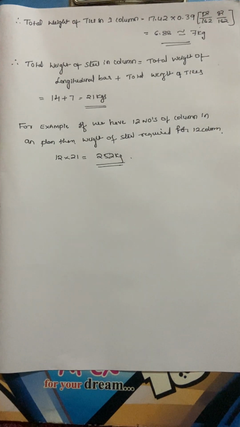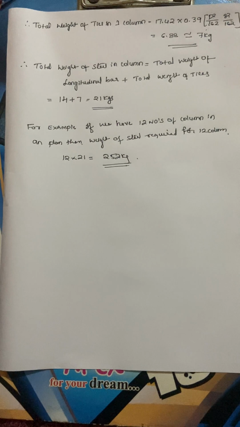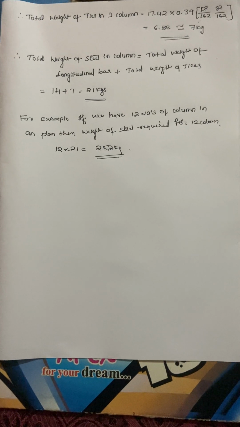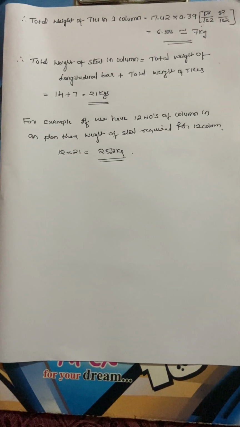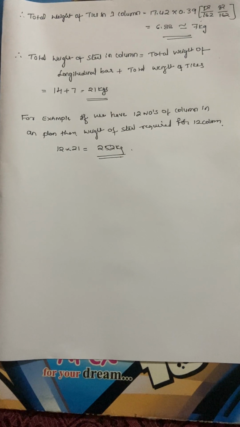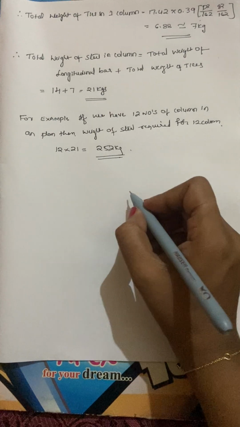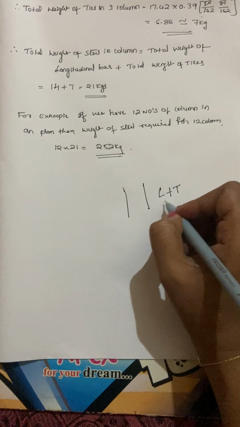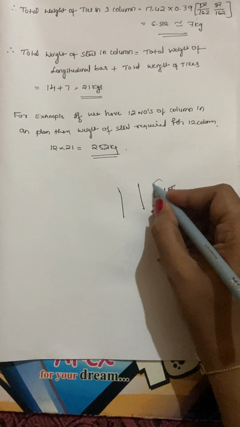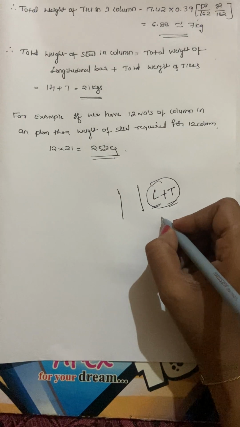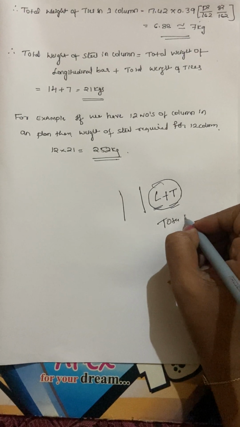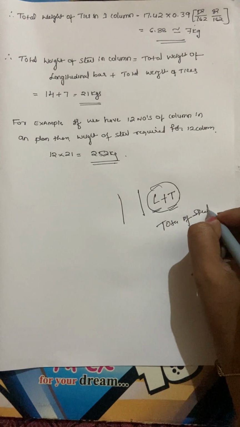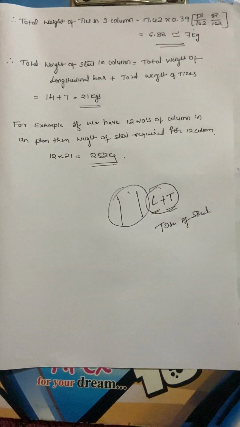So to calculate, as I said earlier, the total quantity of steel required for the entire column, it's very important to consider the longitudinal and ties weight. This particular weight will help us understand the total amount of steel that is required for a single column.